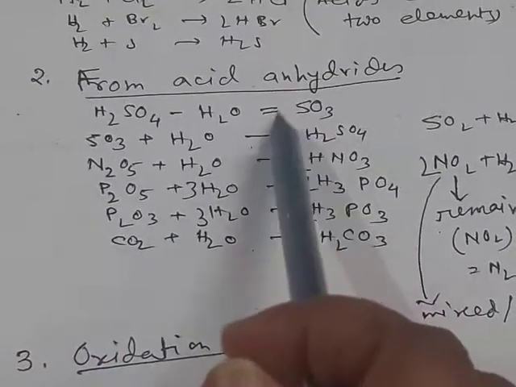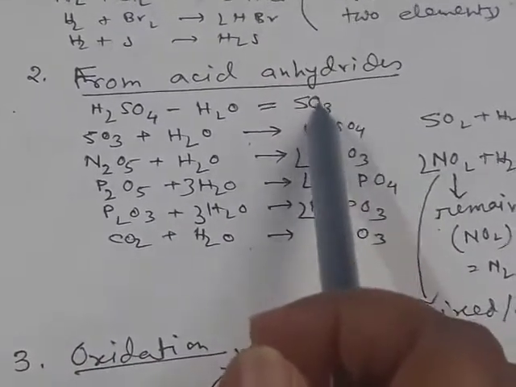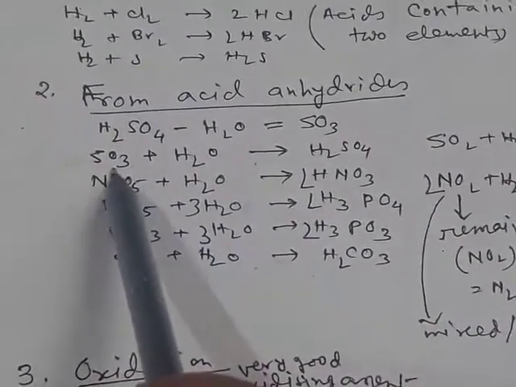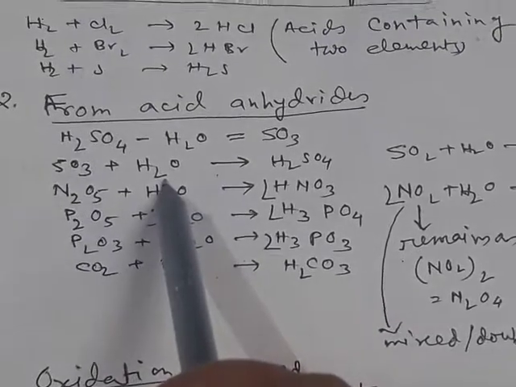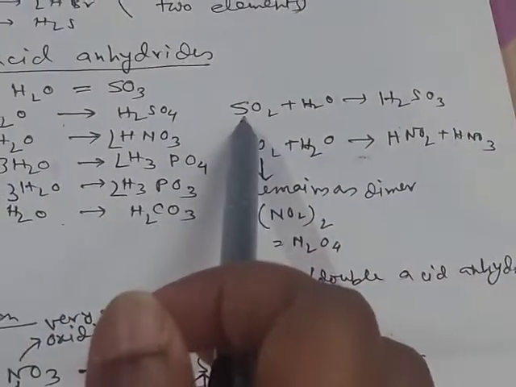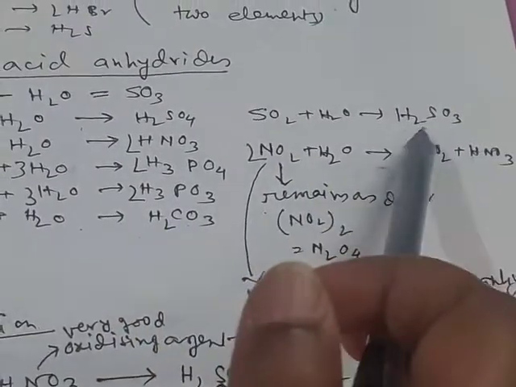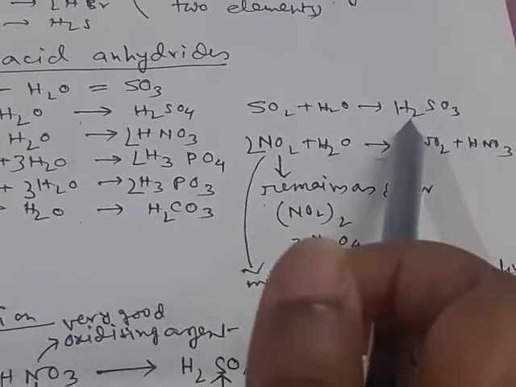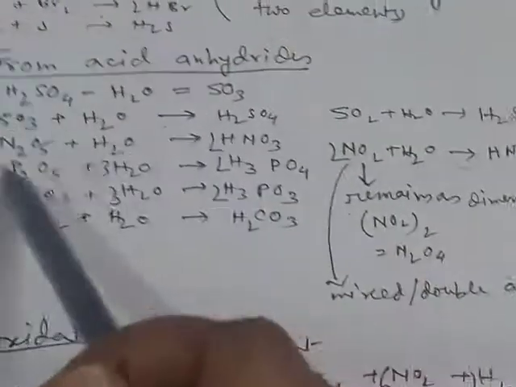Any acid anhydride, when it reacts with water, forms the corresponding acid. For example, sulfur trioxide reacts with water to form sulfuric acid. When sulfur dioxide reacts with water, there will be formation of sulfurous acid, that is H2SO3.